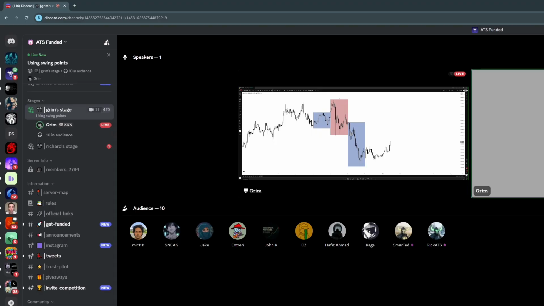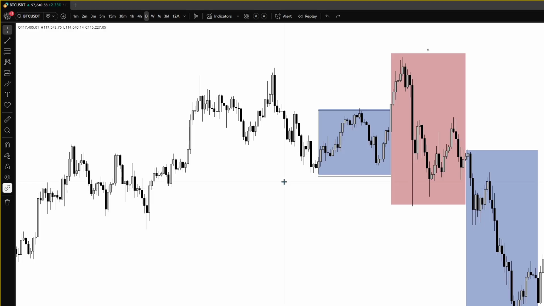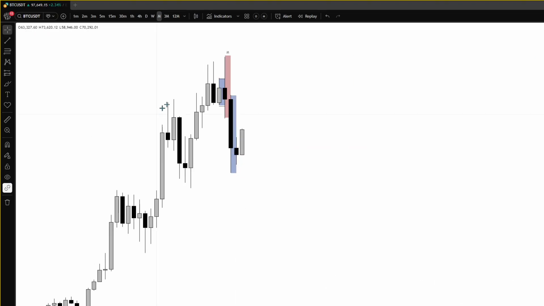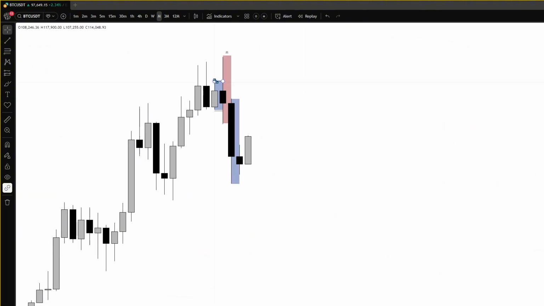Why did I choose these particular candles? Because we're using the monthly swing point, right? So these three candles are the ones that are mapped out, and I'm mapping out the range of these candles. Earlier, I think you answered the question correctly. I mapped out something like this, and I asked, would this be a correct swing high?